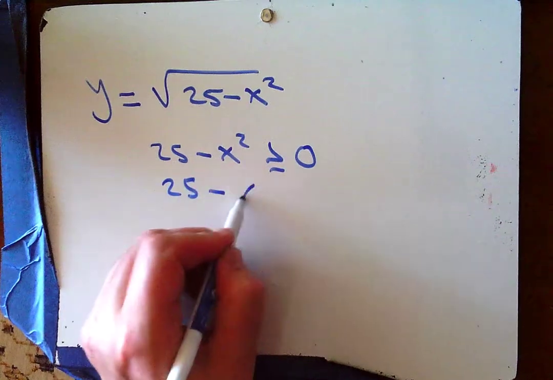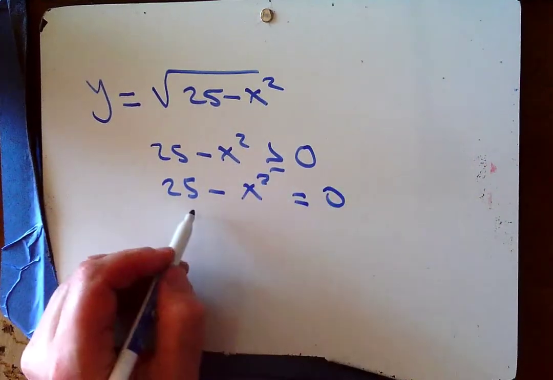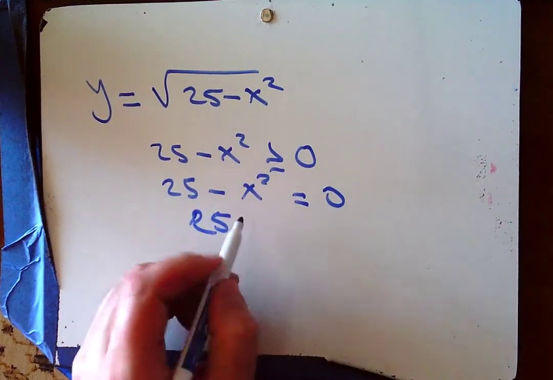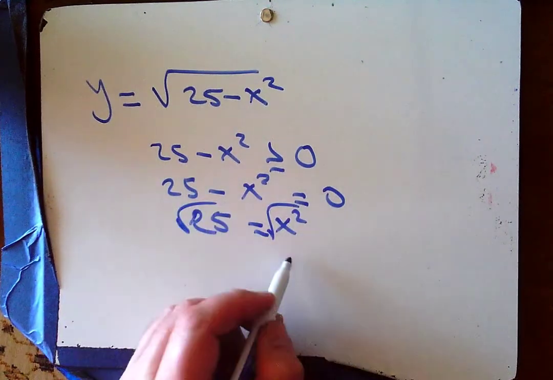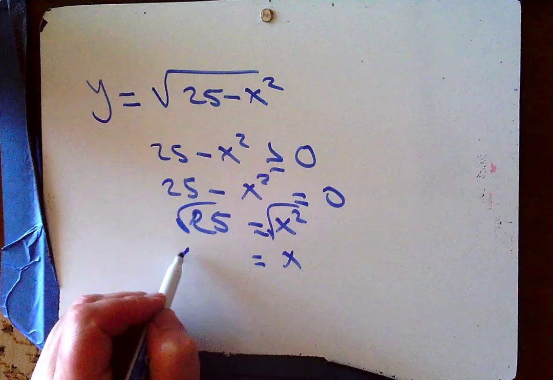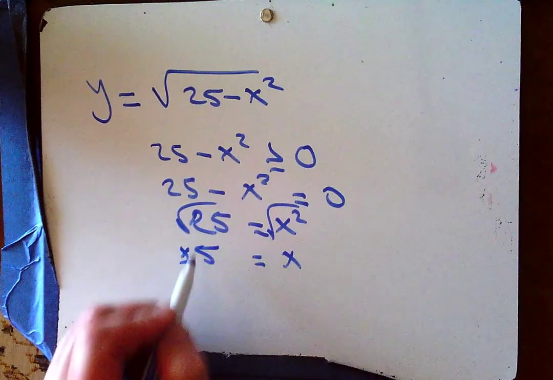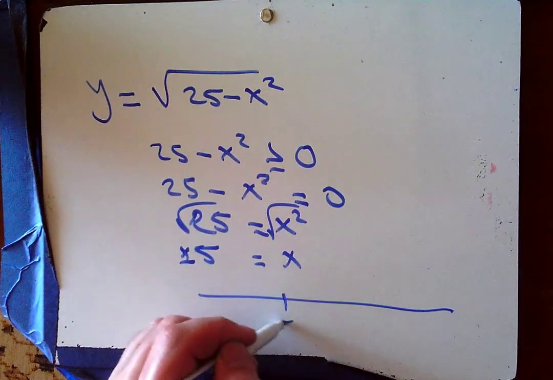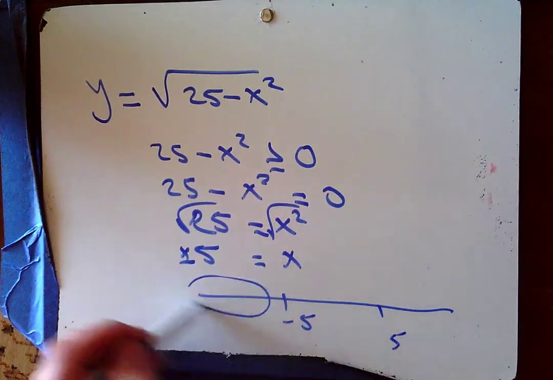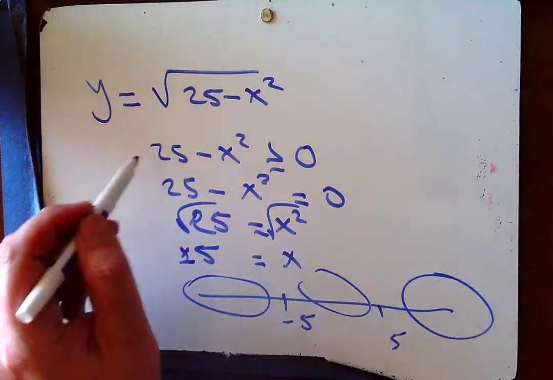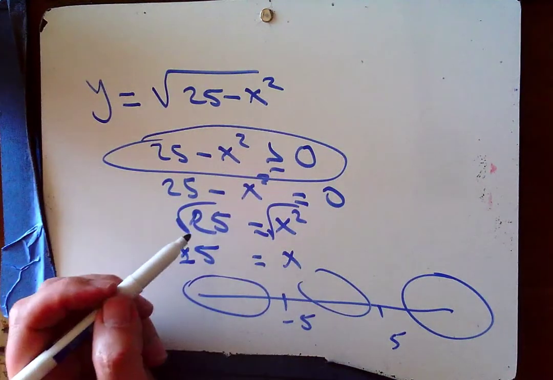I'm going to turn that into an equal sign and find some critical points. Hey, remember when you take the square root of both sides, you need to remember the plus and minus. So we've got a -5 and a +5. And I'm going to test these intervals with this inequality.